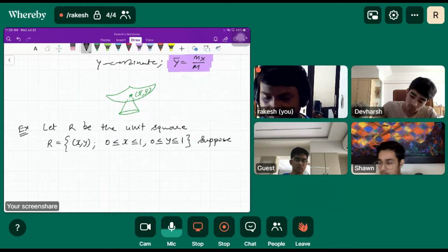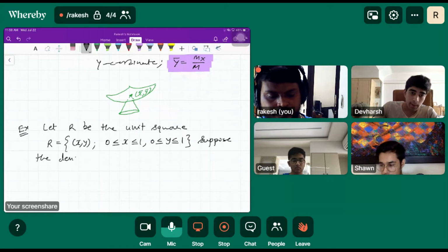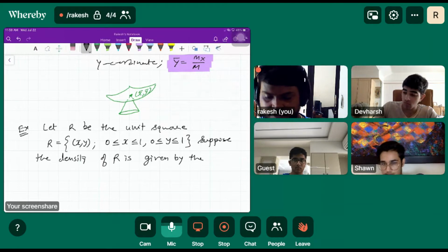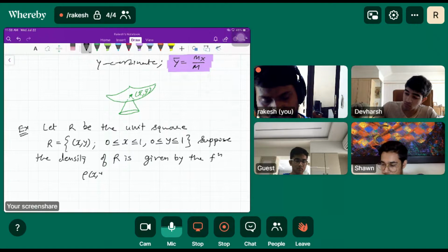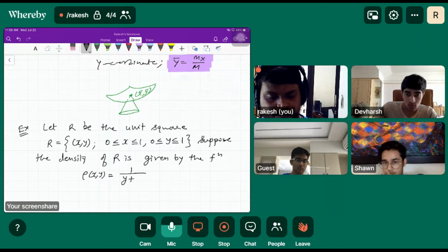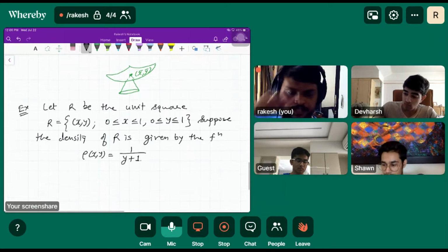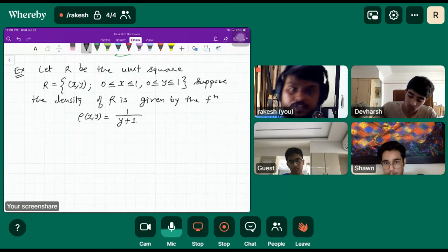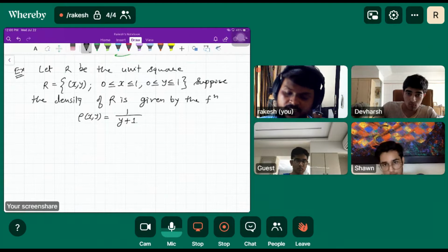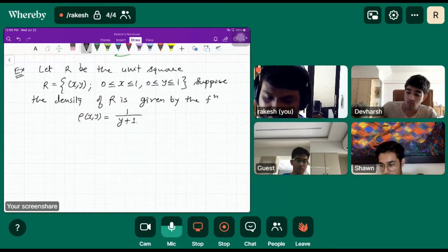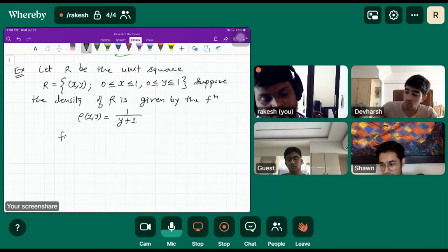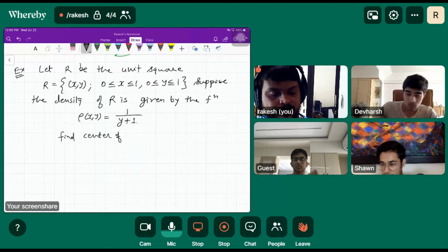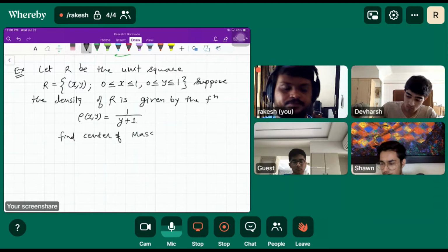Suppose the density of R is given by the function rho(x, y) equal to 1 over y plus 1. Now can we find the mass of that particular lamina and the center of mass? We basically need to find the center of mass.